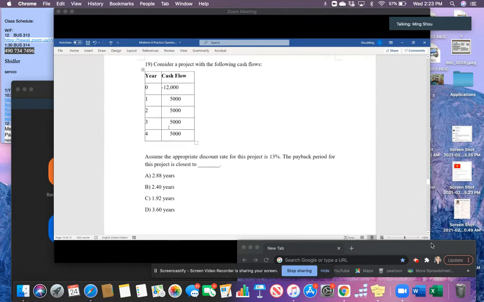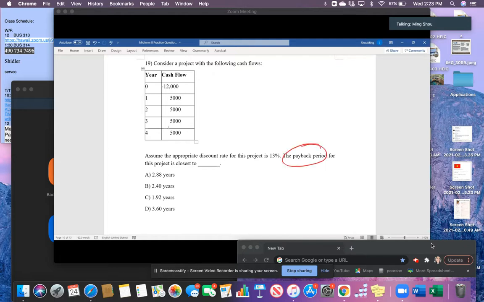Question 19. We have a project with the following cash flows. Assume the discount rate for this project is 13%. The question asks for the payback period for this project. So for the payback rule, we don't need to consider the time value of money effect, which means this information is actually redundant. We don't need this 13%.